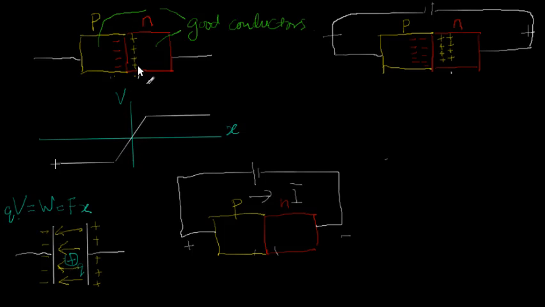We have a layer of positive charges here, just like positive charges on this plate. Layer of negative charges here, just like the negative charges on this plate. So the understanding from the parallel plates can be transferred directly to the PN junction, and the graph would look just the same.